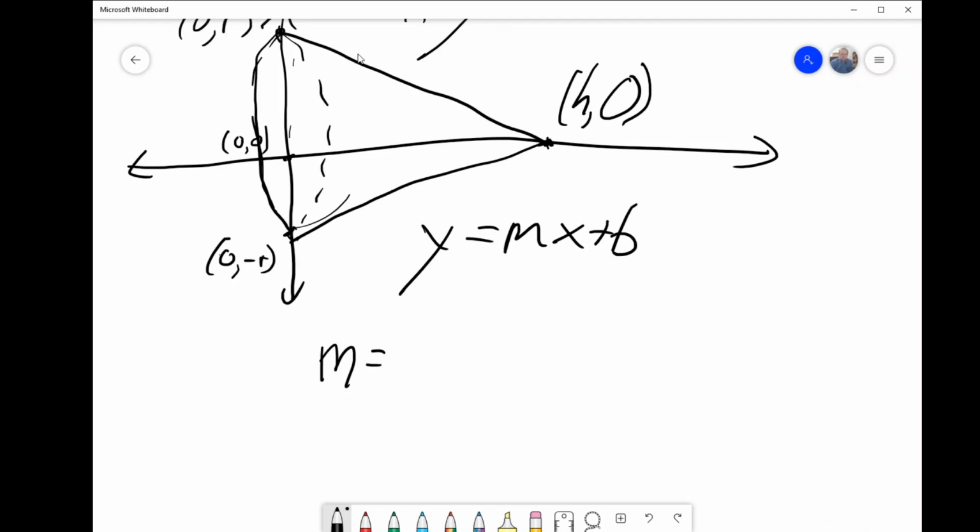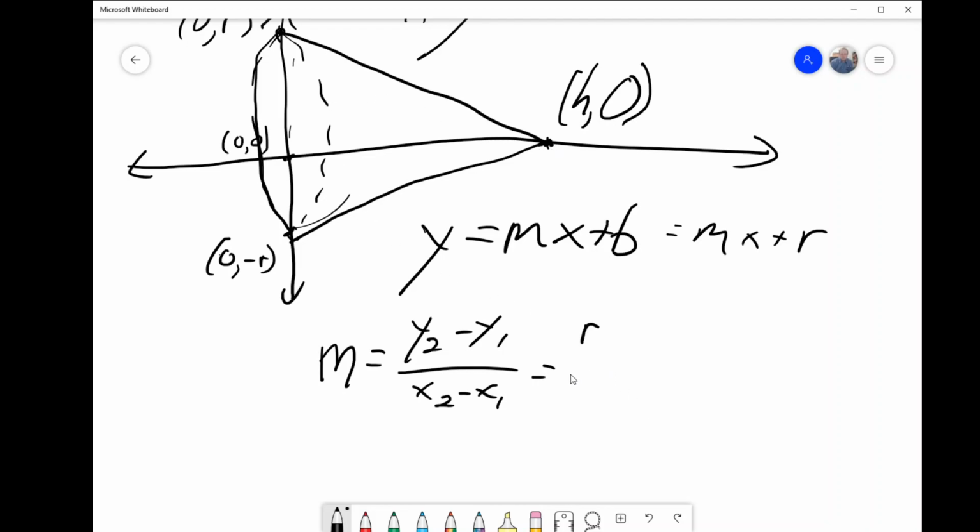If we focus on the line at the top here, we can't do both at once because then it's not a function, it fails the vertical line test. But if we focus on the top, we see that our b is going to be r. And our slope is going to be y2 minus y1 over x2 minus x1. It's going to be whatever it takes to hit this h, 0 point, starting from 0, r.